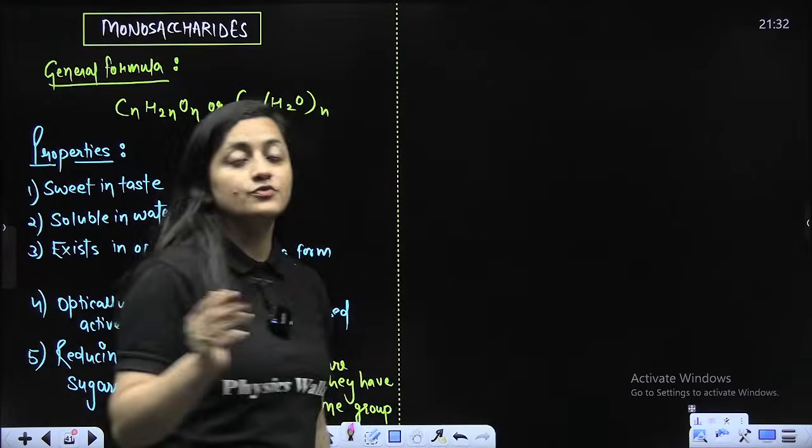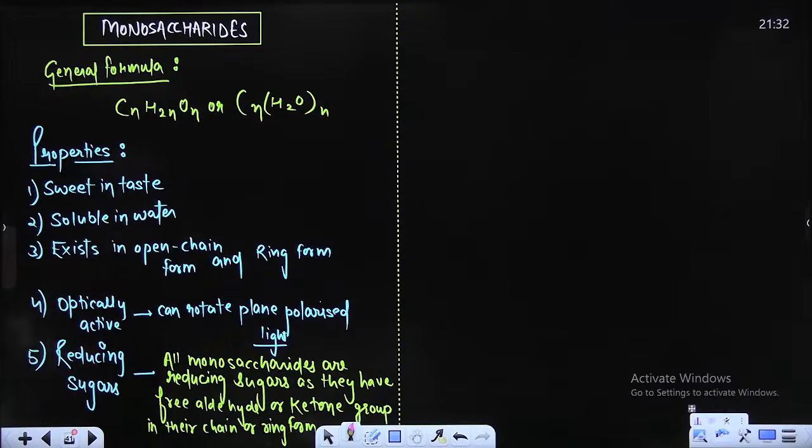We will discuss which one is the ring form and which one is the straight chain form. If everything is clear, do let me know, and if there is any doubt, you can ask me. Then we will discuss everything.